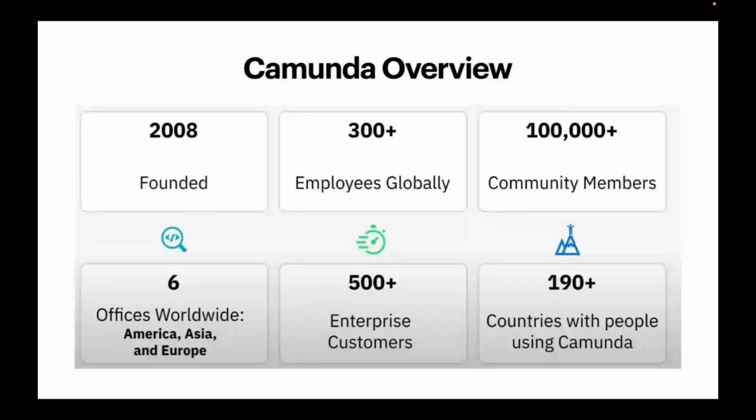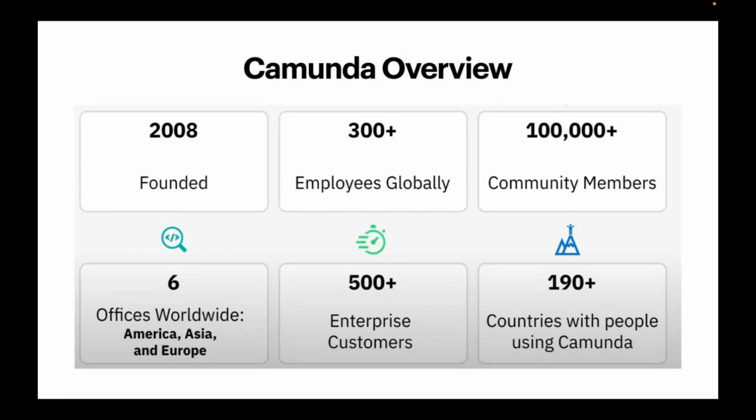Likewise, as I told, Camunda BPM is also a licensed version, which is a paid version, which will be acquired by companies for their workflow. When they take any enterprise version, they will get additional features and service support as well. Currently, they have more than 500 enterprise customers across the globe, with people in 190 plus countries using Camunda.